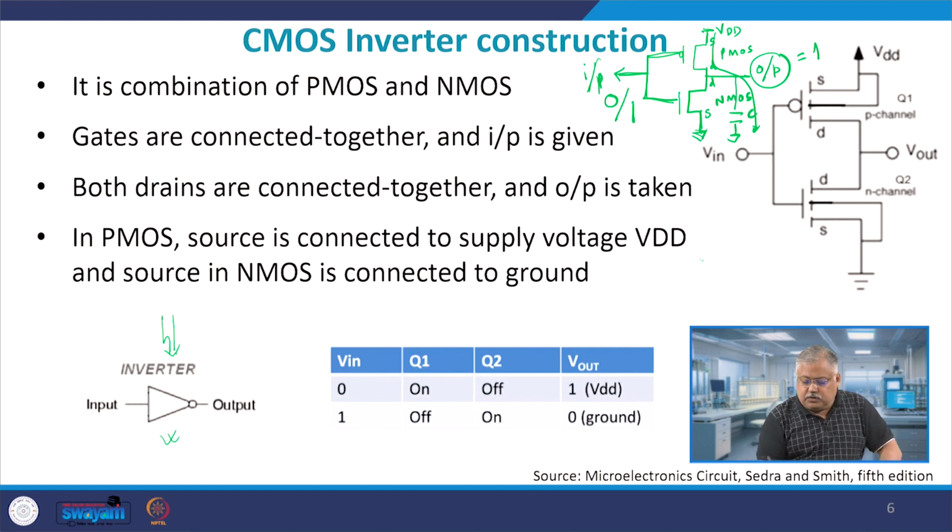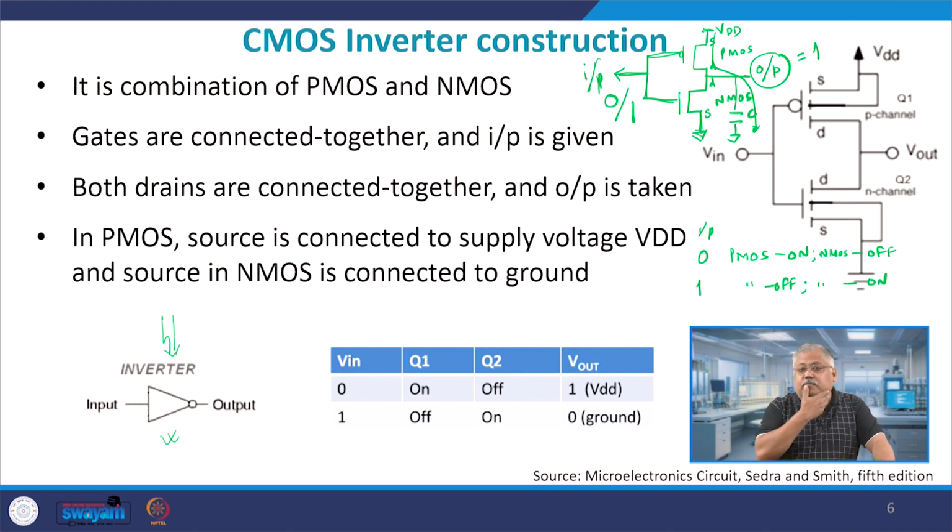So, when input is equal to 0, my PMOS is on and my NMOS is of course off, and when my input is 1, my PMOS is off and my NMOS is on. Why is NMOS on? Because my gate voltage exceeds the threshold voltage of NMOS.